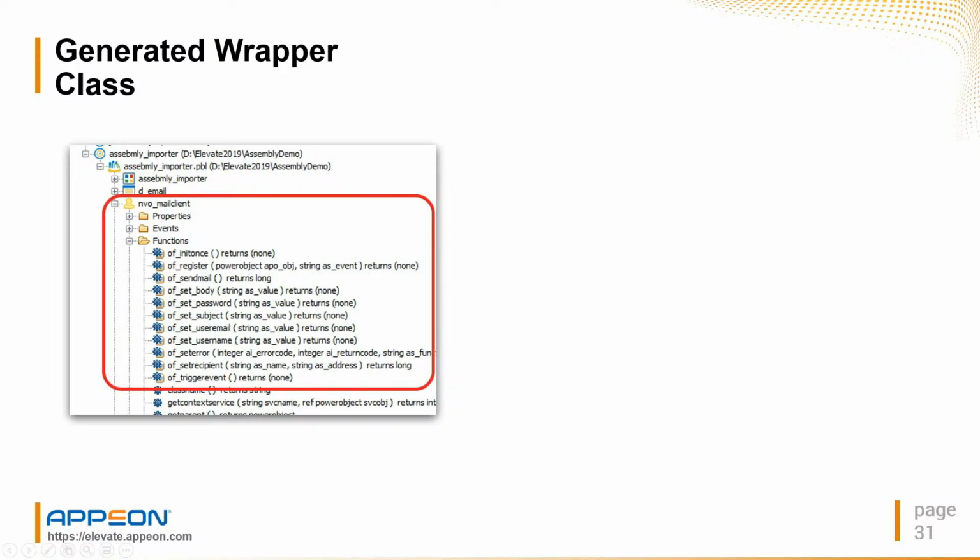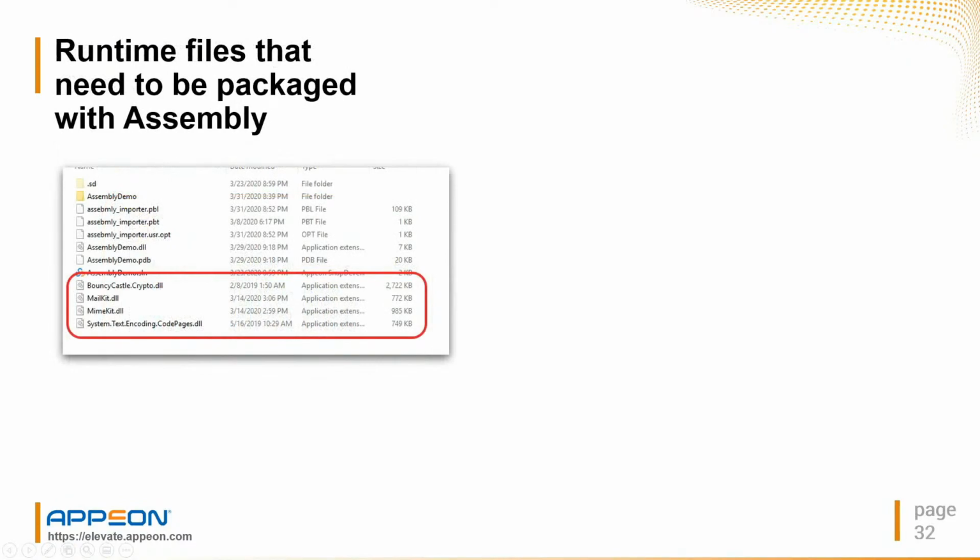This is just the OF prefix on my set recipient method. So this is a method, and these are all properties. That's what you get as a result.